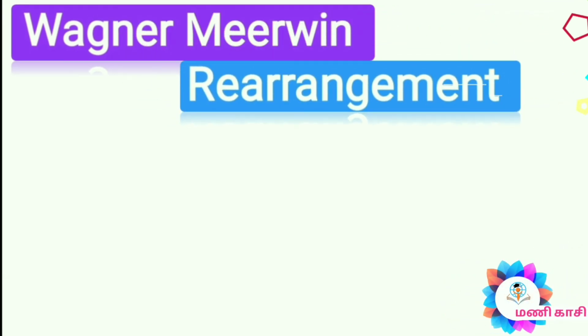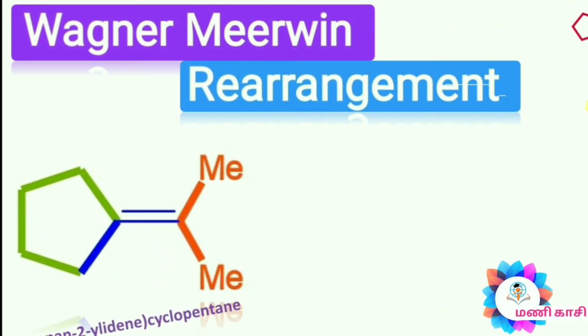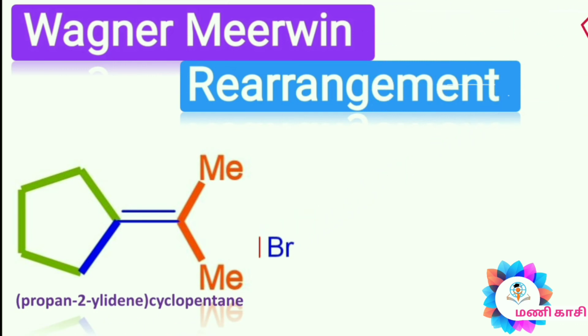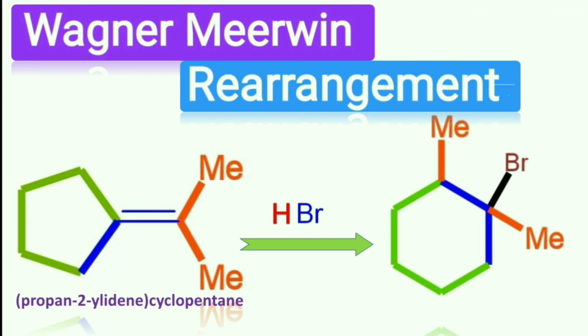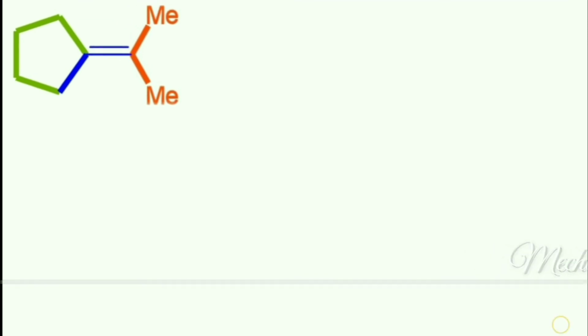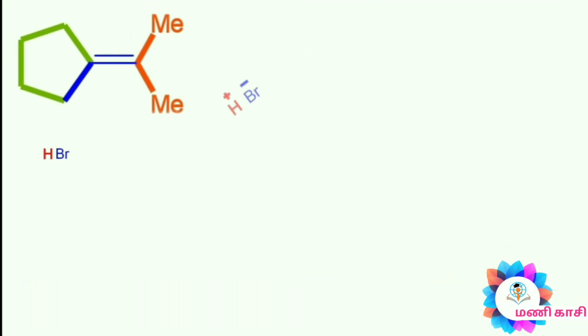In this case of rearrangement, the alkene reacts with hydrobromic acid and gives 1-bromo-1,2-dimethyl cyclohexane. Mechanism of this rearrangement. Step 1, the H+ ion reacts with the double bond, and it gives a carbocation.